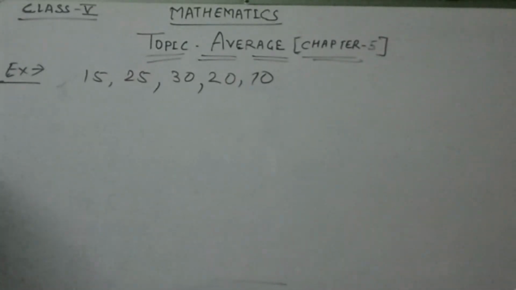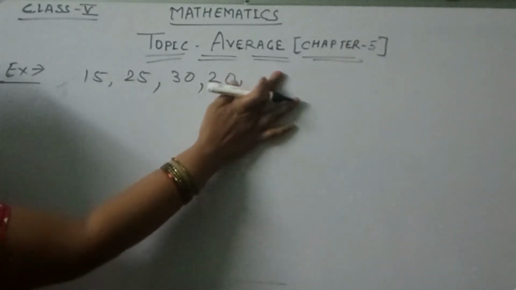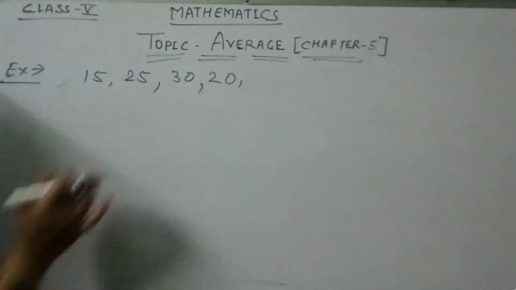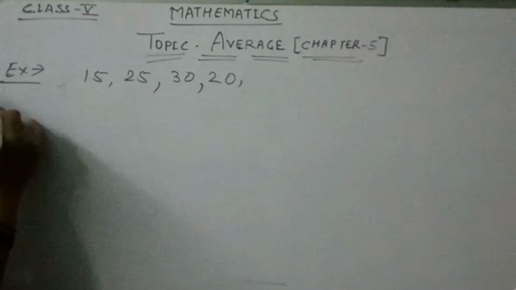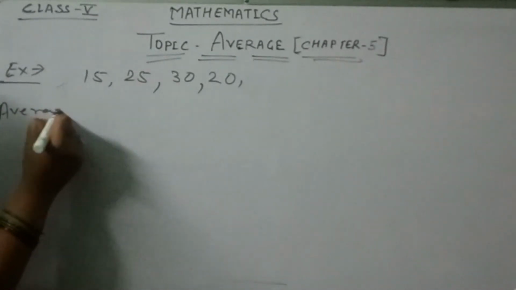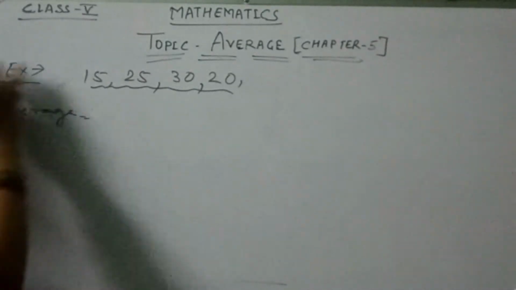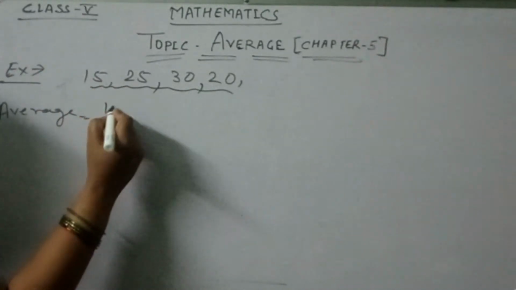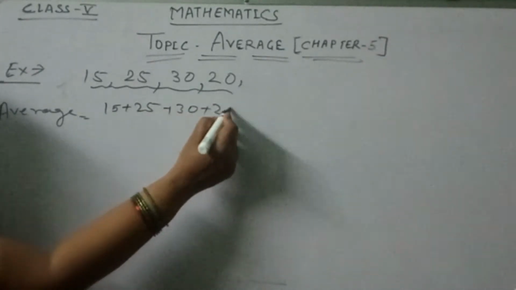I told you we will take only four numbers: 1, 2, 3, 4. If four numbers are added together, their sum is divided by how many numbers? 4. So what do we have to do? We have to add all the numbers together: 15 plus 25 plus 30 plus 20.